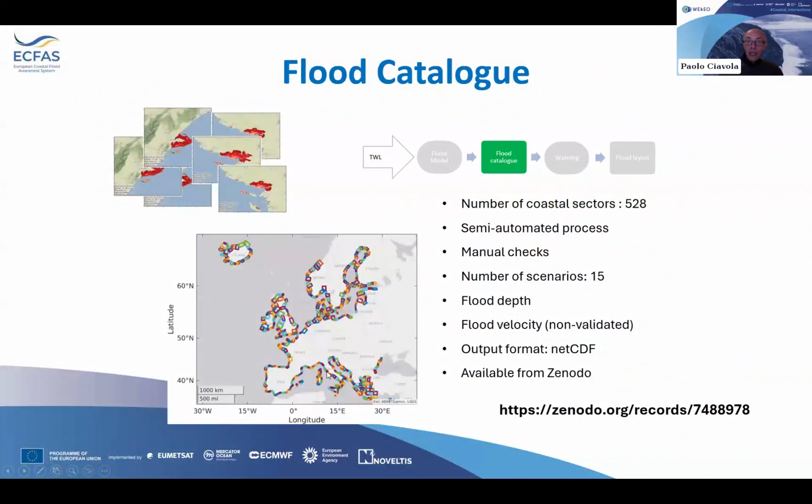The flood catalog is for over 500 sectors. For each sector, there are 15 scenarios of combinations, also with return period levels of events. This is the information that I will direct you to, that you can download from Zenodo and compare and use, not only for operational work, but also for flood estimation, in fact.